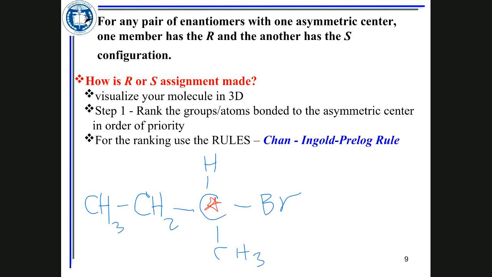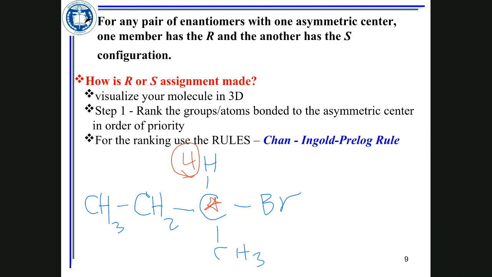The atom attached directly to the chiral carbon with the lowest atomic mass is going to be the lowest priority. And highest priority we give number 1, lowest priority 4, because there are only 4 groups. So it's obvious in this case hydrogen is going to be 4, because we don't have anything smaller than hydrogen.